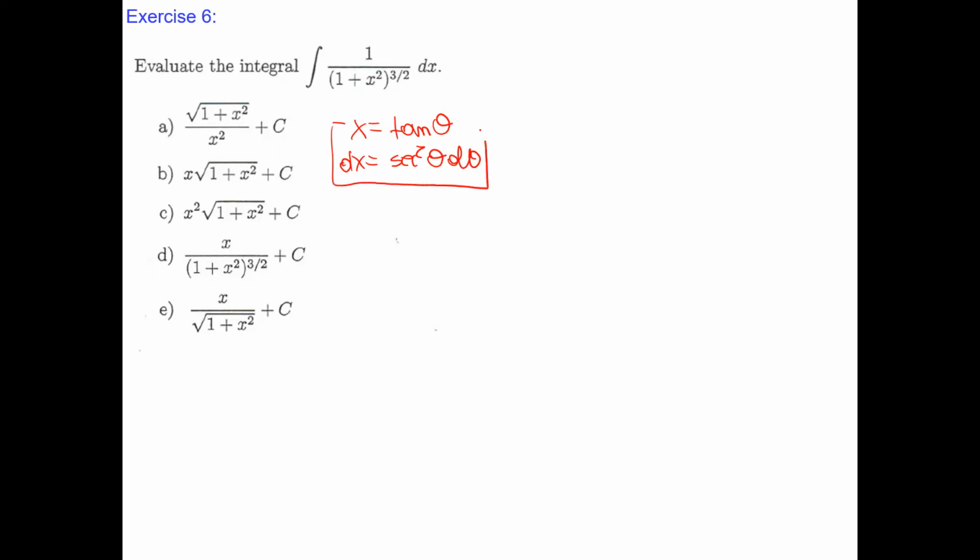Let's rewrite everything in terms of theta. It's the reverse substitution. 1 plus tangent square, everything to the power of 3/2, and dx is secant square theta d theta.